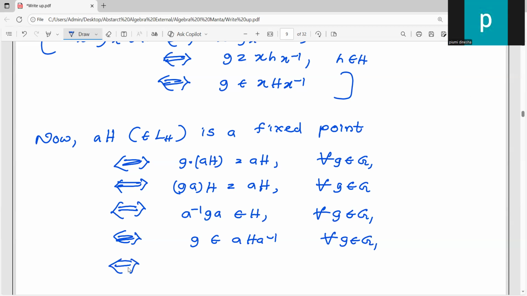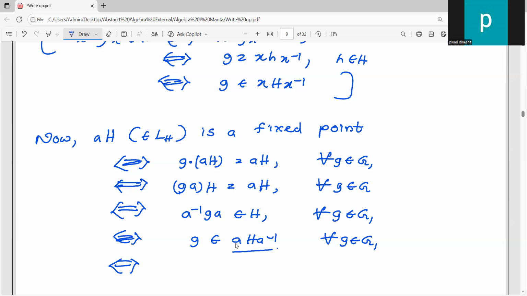So every element in G is an element in aHa inverse. So what does it say? This says the group G is a subgroup or a subset of aHa inverse. But we know that when H is a subgroup, this set must be a subset of G.